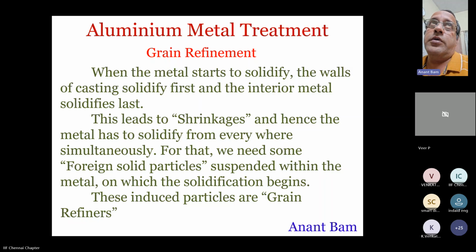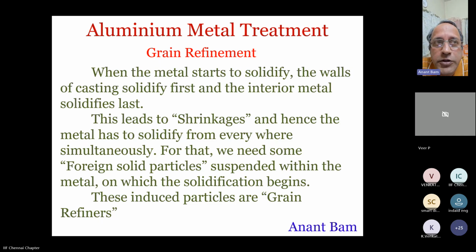So if our casting is solidifying from all the six, imagine a cube. It has got 6 faces, 6 sides. So solidification will begin from all those 6 sides and eventually end at the center of the cube. So whatever 1.65% or 2% is the liquid to solid contraction, that will get concentrated at the center of the cube.